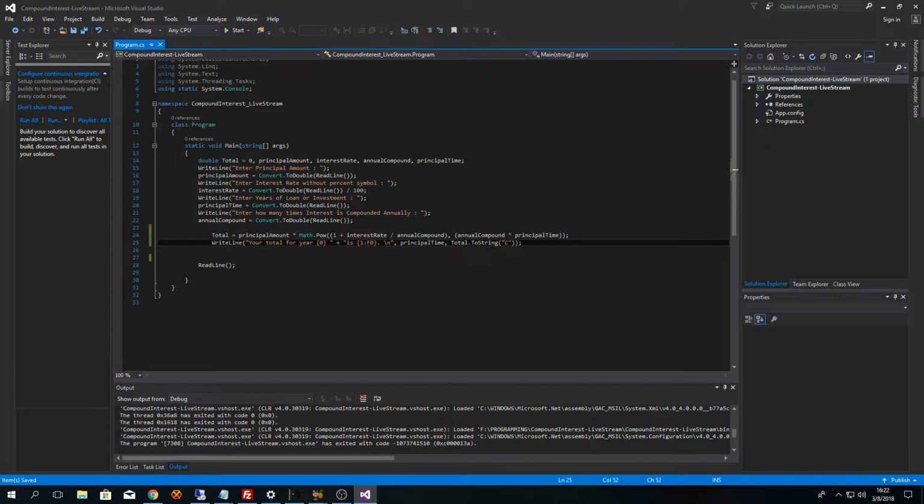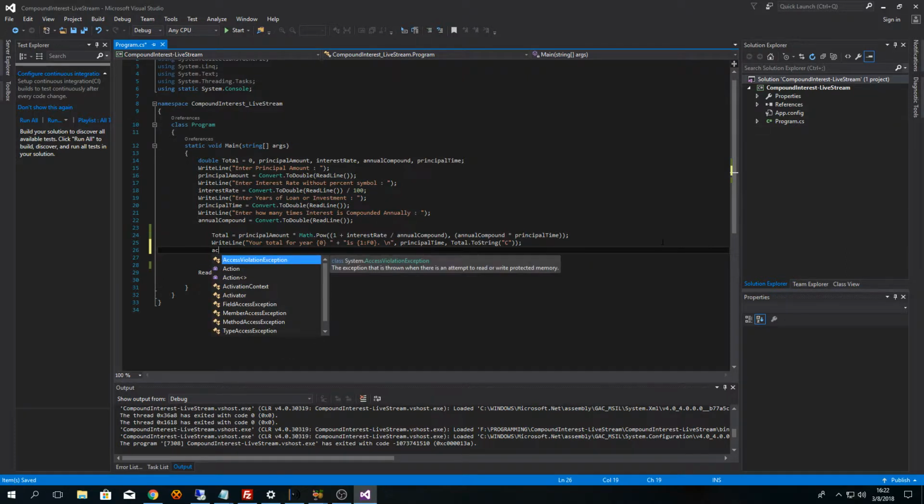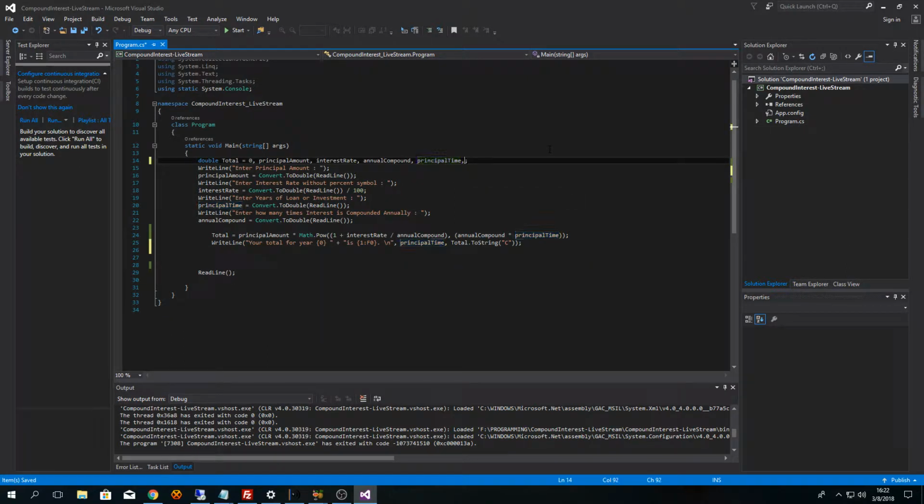But so now we have that. Now if we want to see how much interest we're gaining, we can also do this. We'll define another double variable up here. We'll call it accumulated interest.